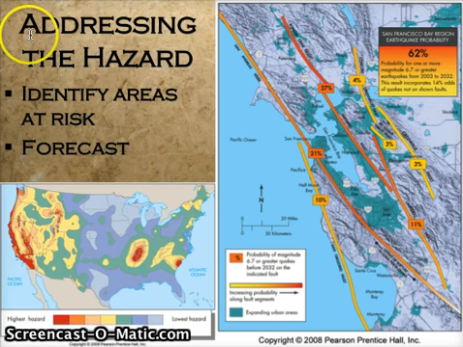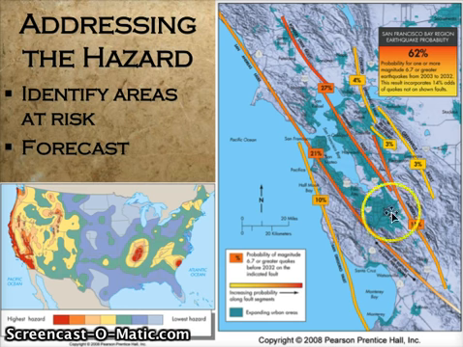The trick here for forecasting is to go back to our model of elastic rebound. We can detect how much energy is building up on these faults, and based on that information, and what we know about the strength of the rocks and about when they've given way in the past, we can forecast how likely a given section of fault is to rupture in the future.